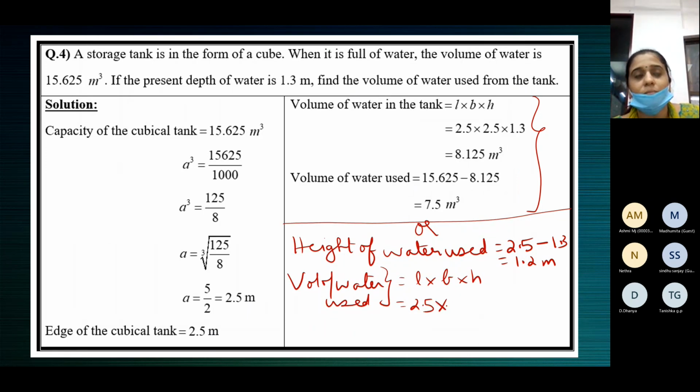So it will be 2.5 into 2.5 into 1.2. 25 into 25 is 625, into 10 is 6250, 1250, 7.5, three decimal places. 7.5 meter cubed. You can also do it like this.